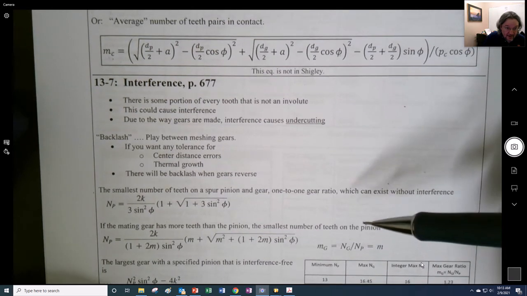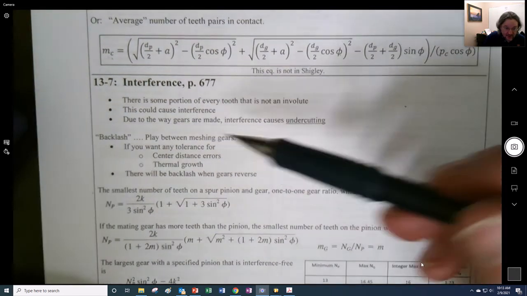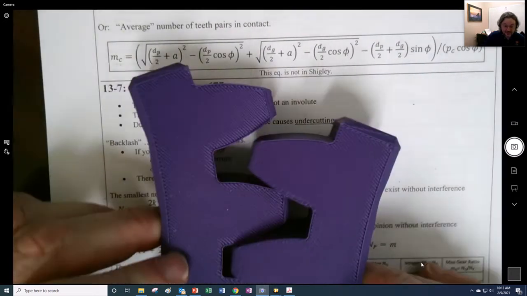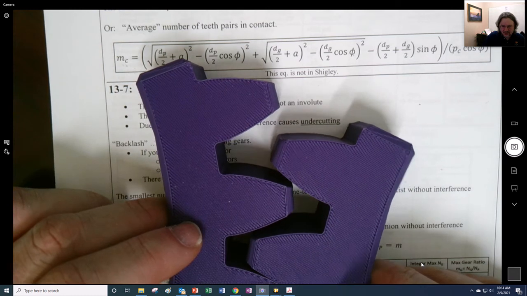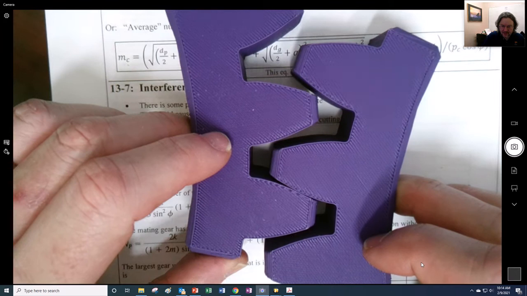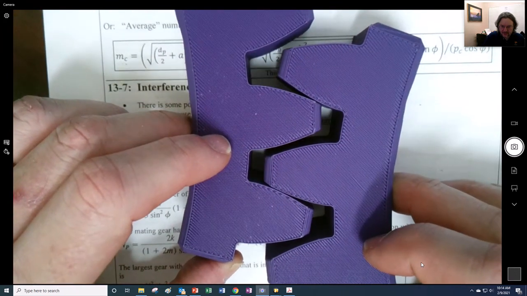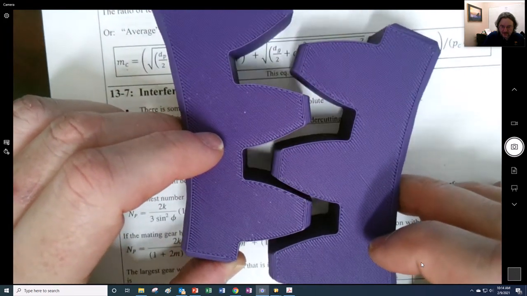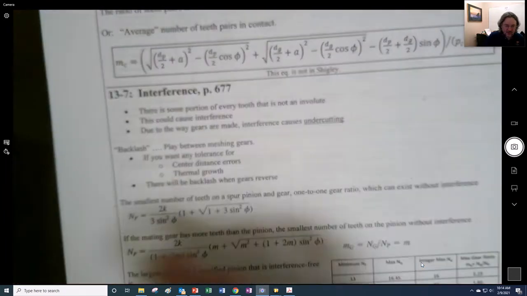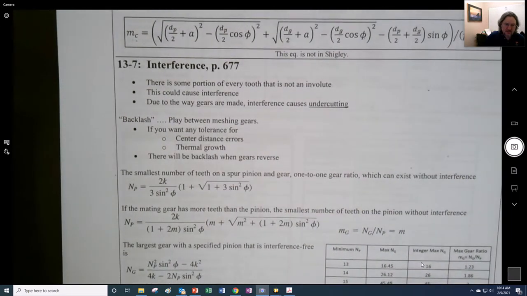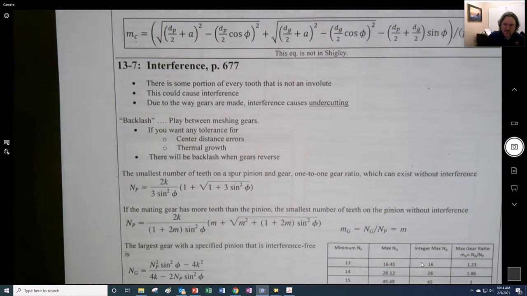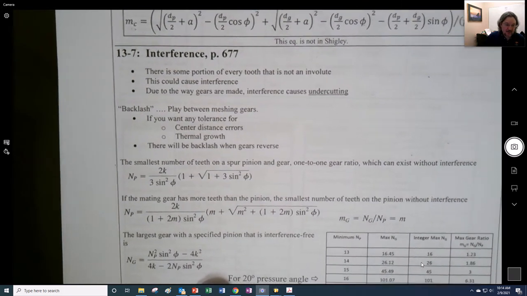There's always some portion of the tooth that's not exactly an involute, and that causes interference. It's also part of the nature of manufacturing the gears. They're not going to be a perfect involute because of the machining process, so there's a chance of some interference. It's something we want to avoid. Also, a smaller number of teeth will cause interference, so there's a minimum number of teeth that we can have that would not cause interference.